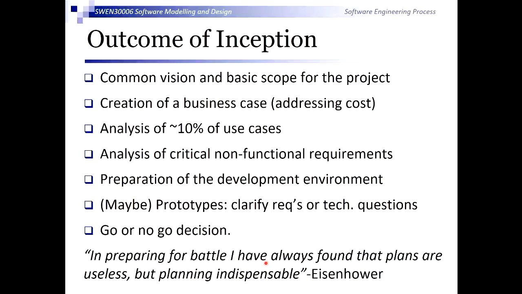So corresponding to that, as you would expect, as an outcome of this first stage, you're going to have this vision and basic scope for the project documented. You're going to have created this business case. In order to answer the kinds of questions we've talked about, you're going to do some analysis of use cases.